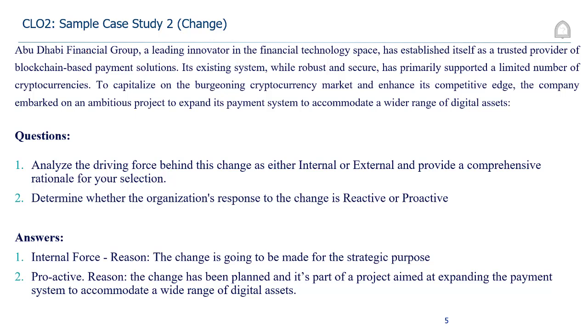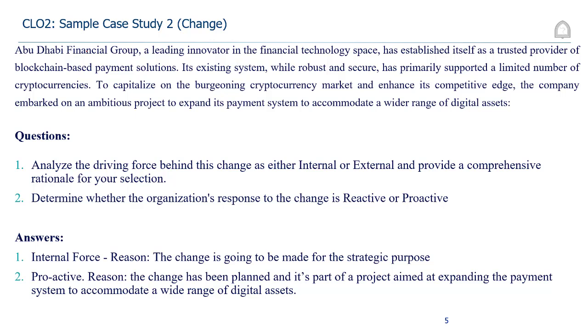So internal simply means the reason for carrying out the change is derived from within, from the business need. External are those things that we don't have a say over.